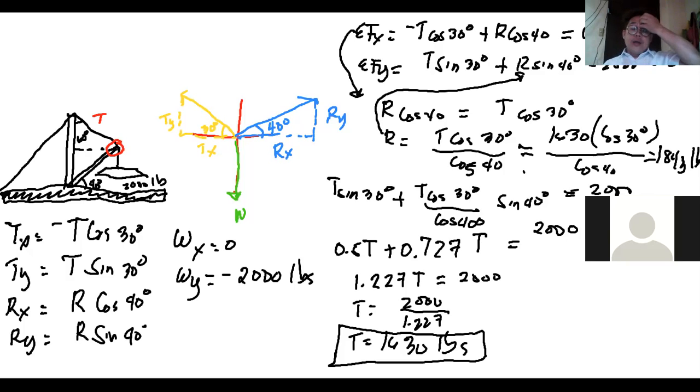Therefore, your boom is exerting a reaction force of 1,843 pounds, while your tension is exerting a force of 1,630 pounds to maintain the equilibrium of that 2,000 pound load hanging on the boom.